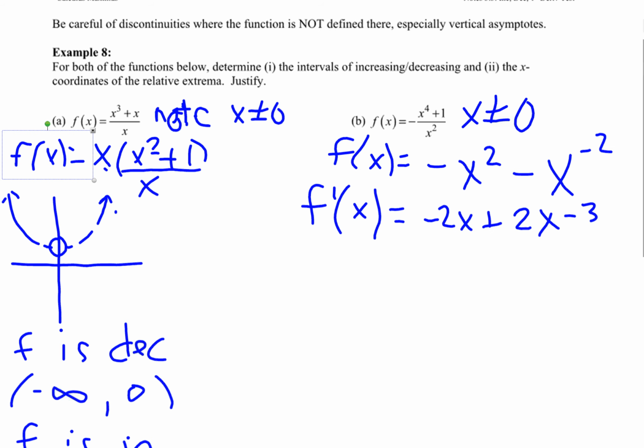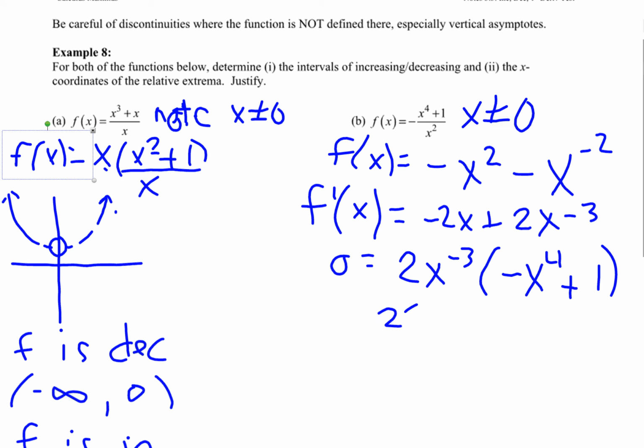I'm going to factor least powers. Take a 2x to the negative 3. So we're going to get negative x to the fourth, because we need x to the 1, plus 1. All right, if I rearrange this equation, I could put 1 minus x to the fourth all over x cubed.